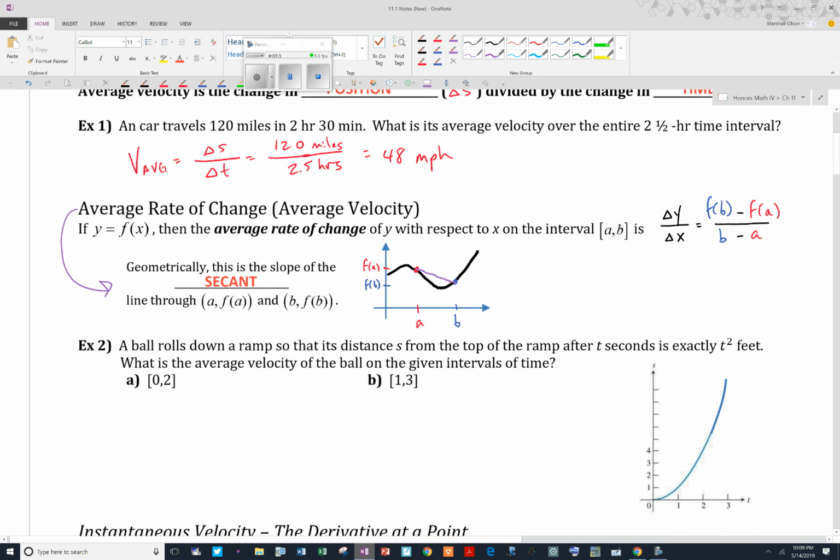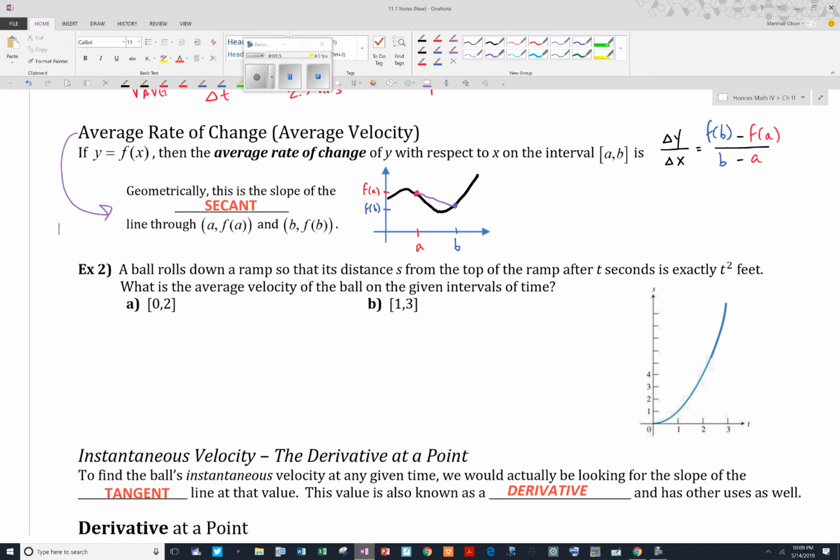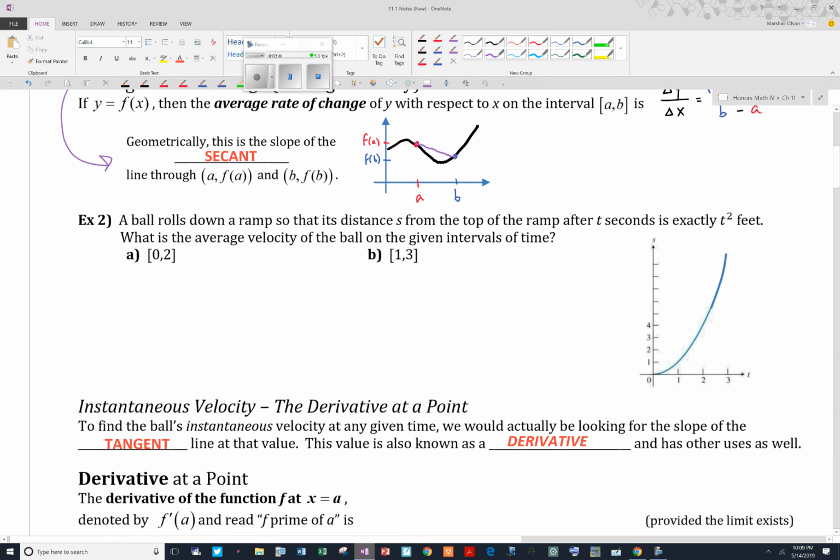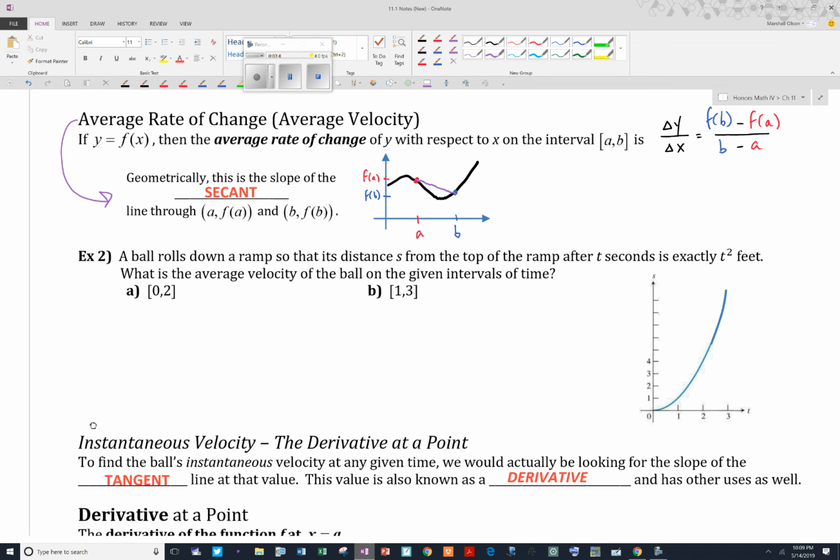So what if we're interested in instantaneous rate of change? Well, that's actually where we're headed in a second after we do a couple more examples. But when we're interested in instantaneous rate of change at one instant, let's say we're interested in the instantaneous velocity at time b, or at that x value right there, we want to know how fast this object is moving right at that instant.